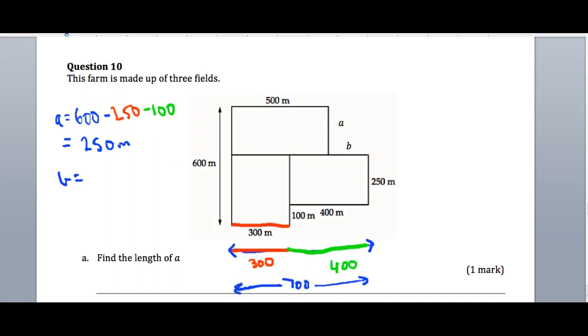Now, we don't want, and if you've seen it up the top, we want to take away this, the 500. Okay, so basically B is equal to the 700, now that I've covered in yellow, take away that yellow bit, the 500.